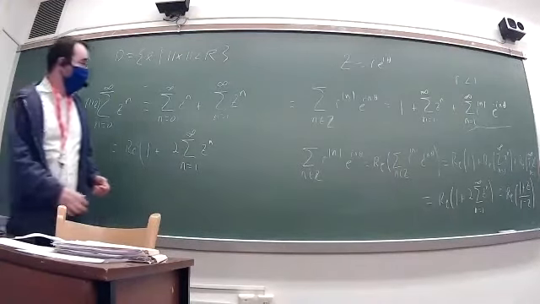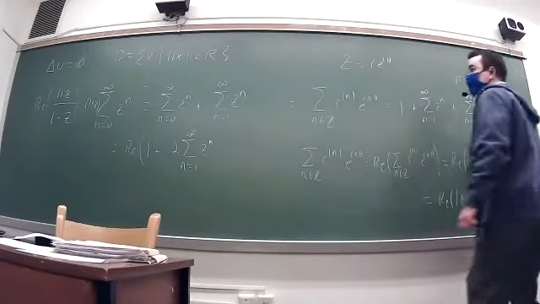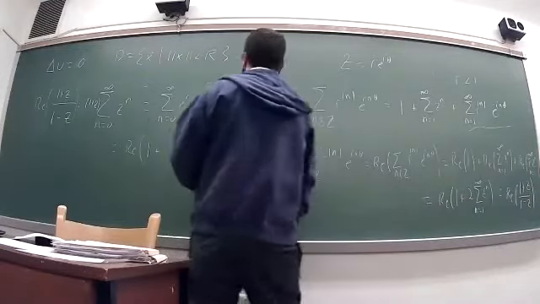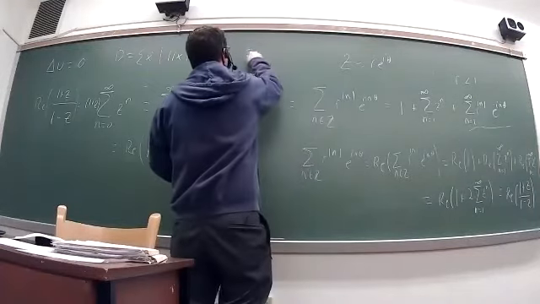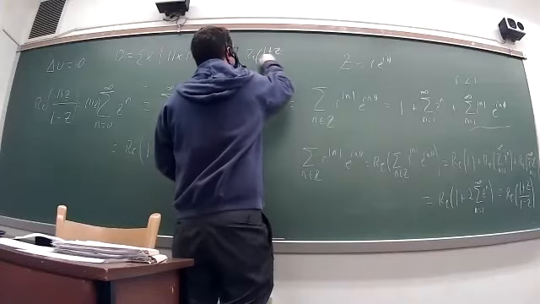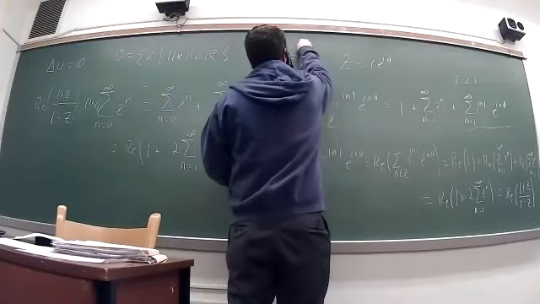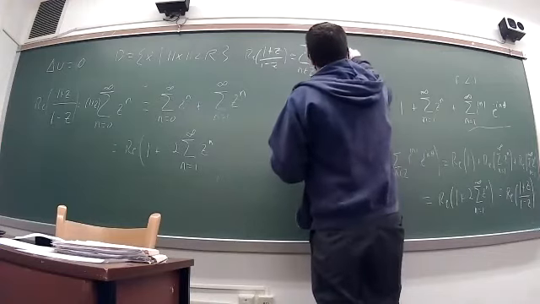So that's the point. That's the cool thing. And I'll put the conclusion: the real part of (1 plus z) over (1 minus z) is equal to the sum of r to the absolute value of n, e to the i n theta.